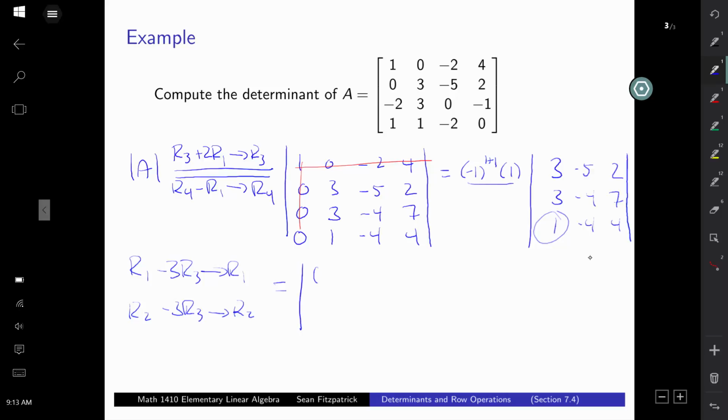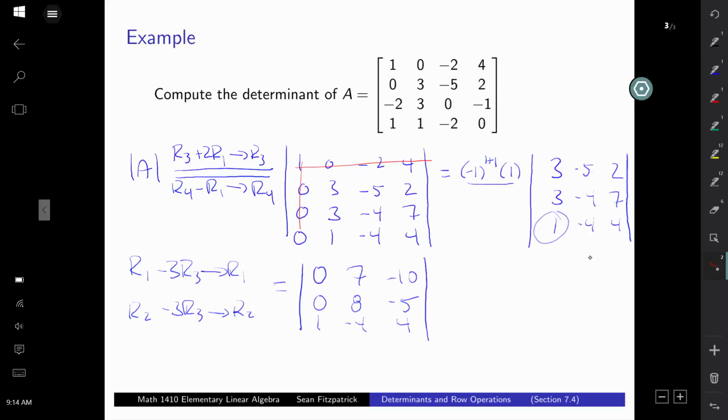So I get 3 minus 3, 0. Minus 5 plus 12, I get a 7. 2 minus 12, minus 10, 0. So then it's minus 4 plus 12, I get 8. Okay. And then 7 minus 12, I get minus 5. And then 1 minus 4, 4.